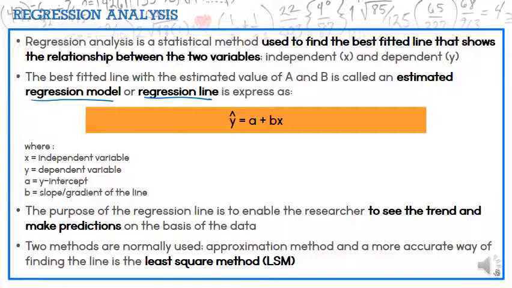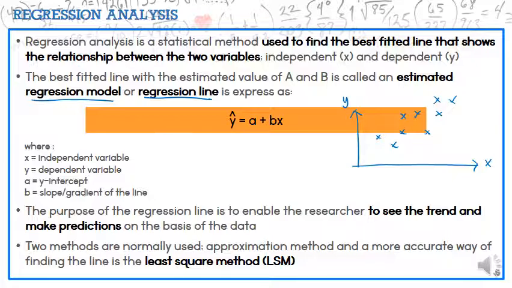So, if you plot a scatter diagram, we can see that there exists a positive relationship because as X increases, Y tends to increase.